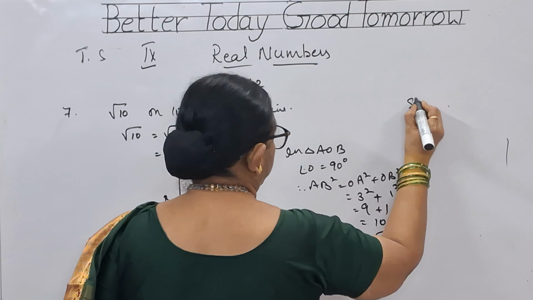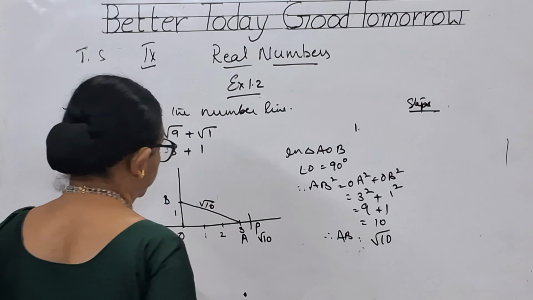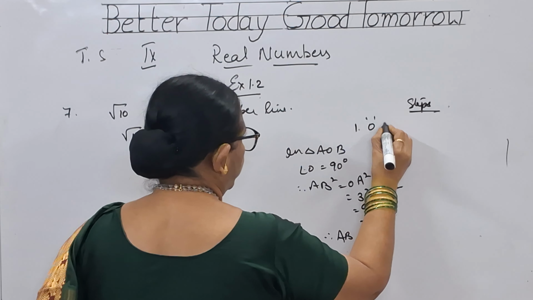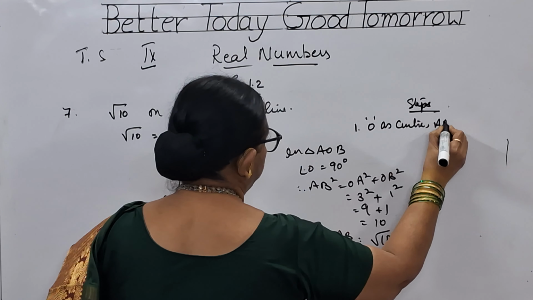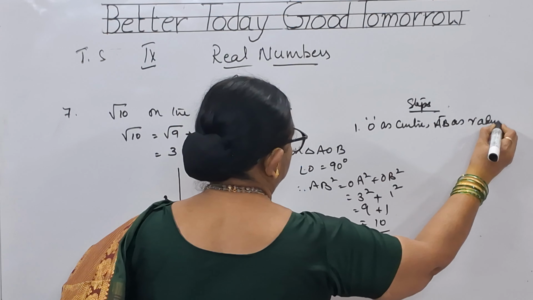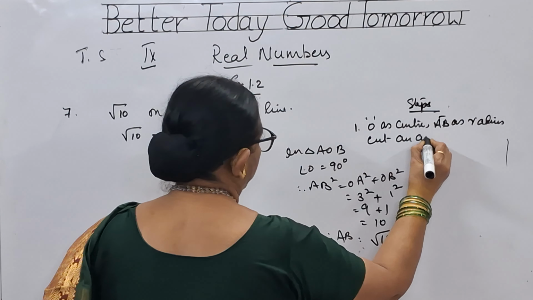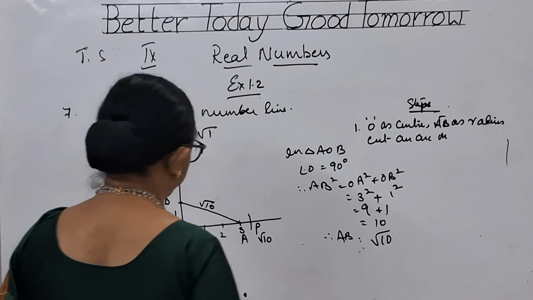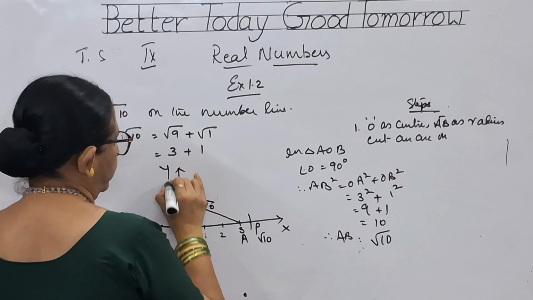Here, children, the steps. In the steps, the first one, O as center, AB as radius. Cut an arc. Let us consider this as OX and this as OY.